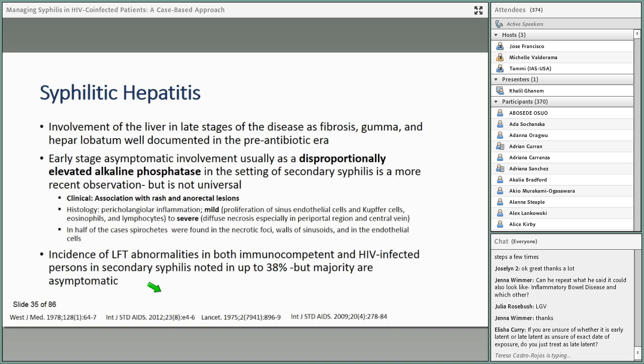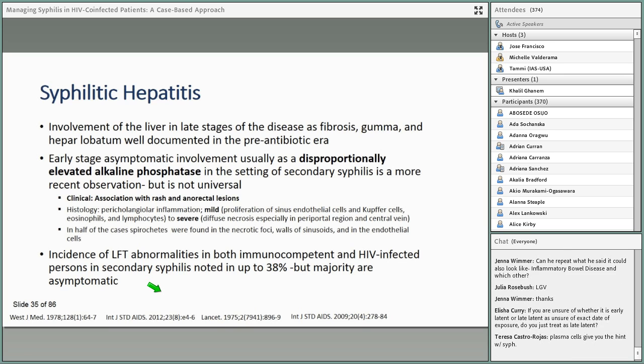The other thing to keep in mind is that many STDs can give you proctitis, including early syphilis. And remember that on histology, it can look exactly like Crohn's disease, inflammatory bowel disease. So don't be fooled by that, and don't put your patients on immunosuppressive therapy. It would be disastrous.